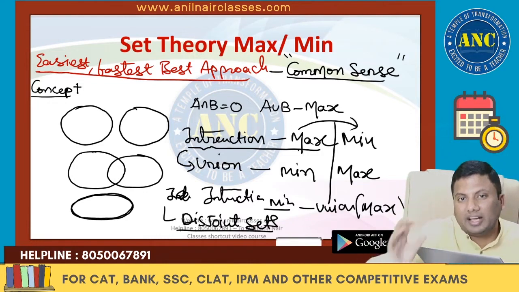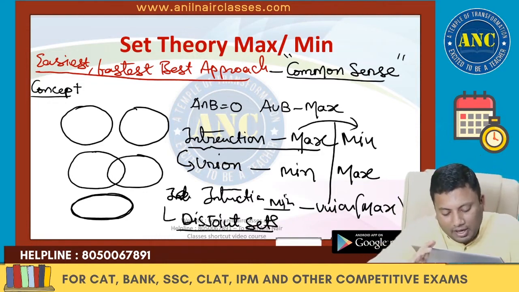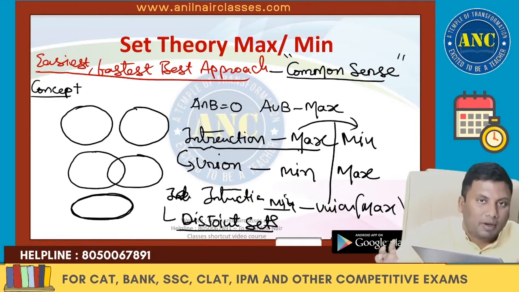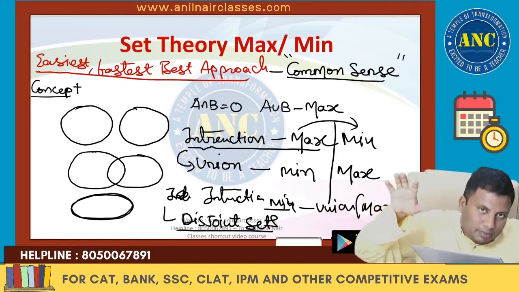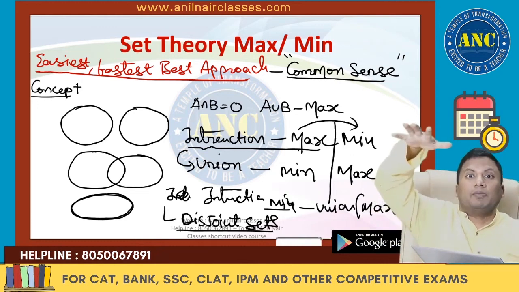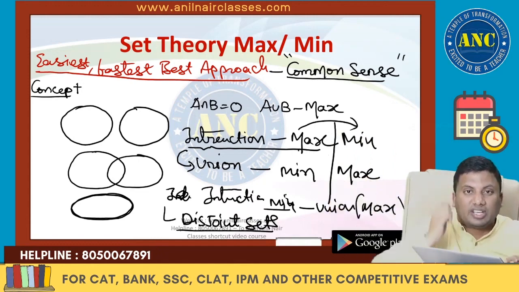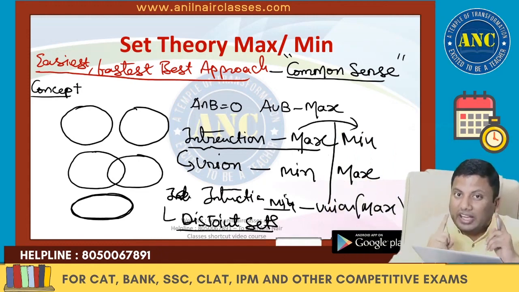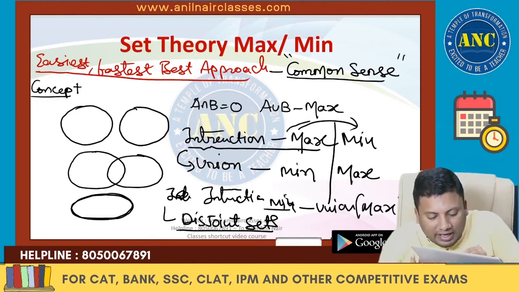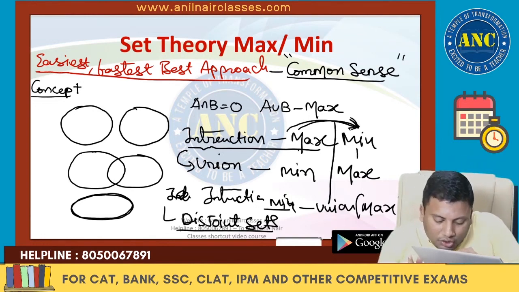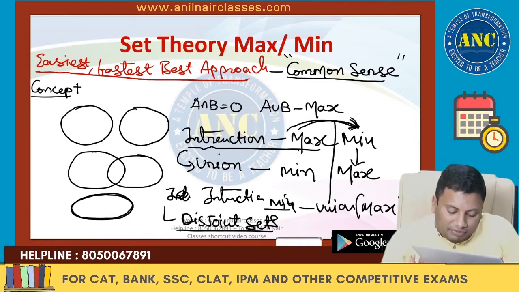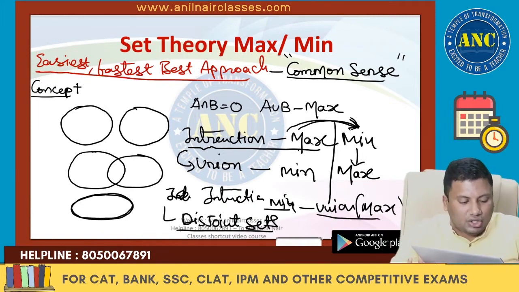Intersection is minimum when the union is maximum. When will the union be maximum? When the sets are completely disjoint to each other. That means this gives an understanding of the question that to make intersection minimum, union should be maximum. That means make the sets disjoint.